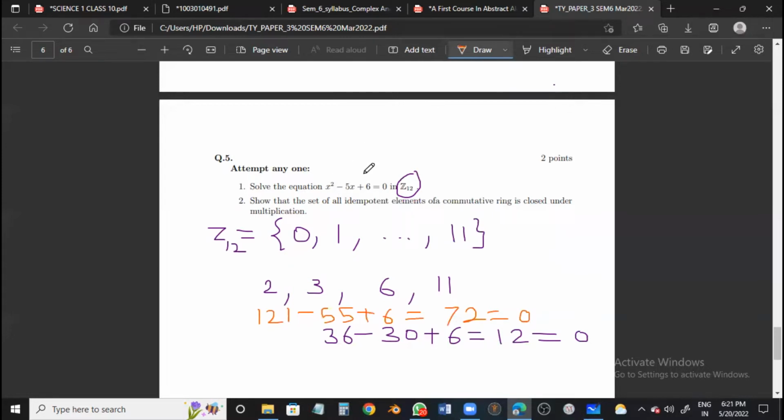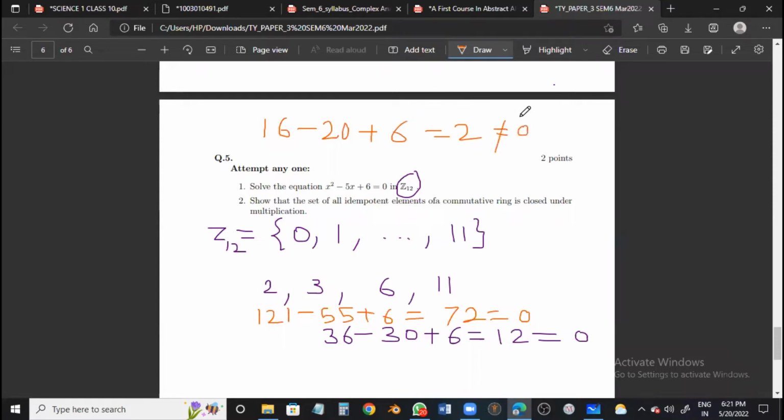Now I want to check whether 4 satisfies this equation or not. 4 square is 16. Minus 4 5s are 20. Plus I do have 6. So 22 minus 20 is 2. So 2 is not divisible by 12. 2 cannot be 0.